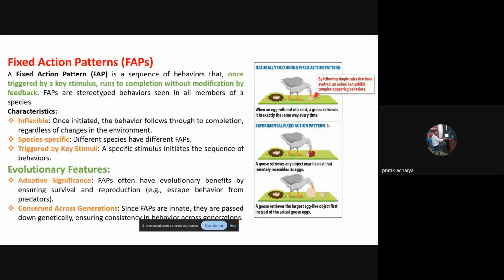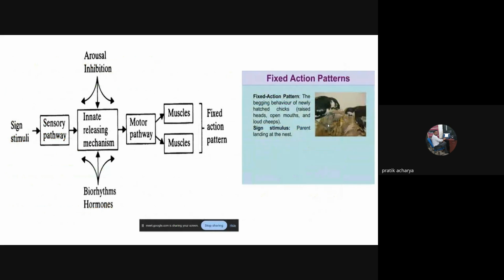That is the evolutionary or adaptive significance. And the next significance is that these habits are conserved across generations. So it is an innate capacity. They are passed down, that means the same pattern passes generation after generation for the same purposes. So these are the evolutionary features of fixed action pattern.